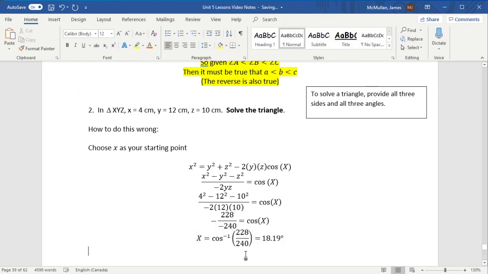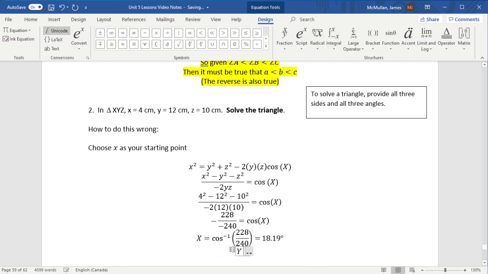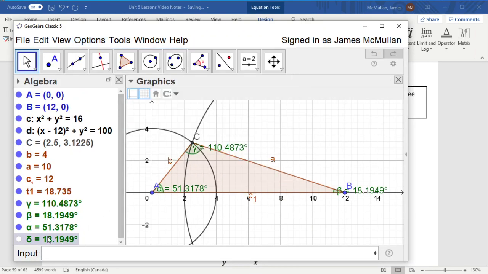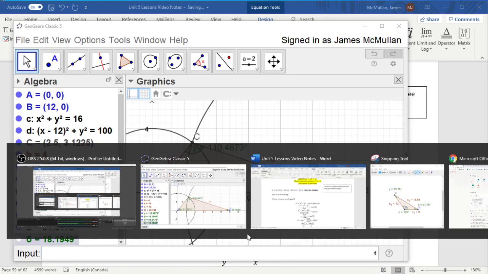We know one angle. Let's say we were looking for another angle, angle y. How could we figure out angle y? We could say that sine y over little y is equal to sine x over little x, right? And just to make our answer a little more accurate, let's keep 4 decimals while we work, so 18.1949.